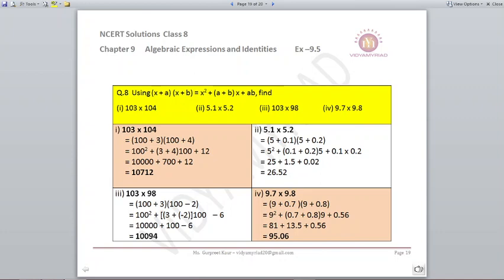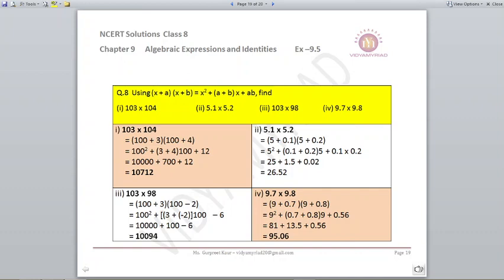Now 103 and 104 can be written as 100 plus 3 into 100 plus 4. Now here x is 100, a is 3, b is 4. So 100 square plus 3 plus 4 into 100 plus 12. How 12? 3 into 4 is 12. So you will get 10712 as your answer.